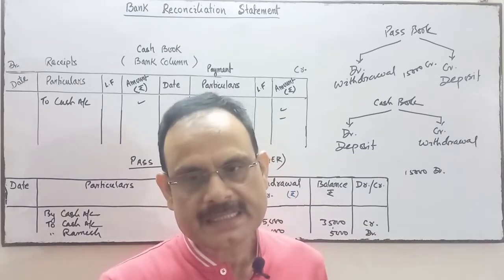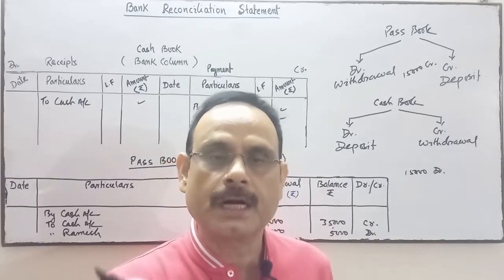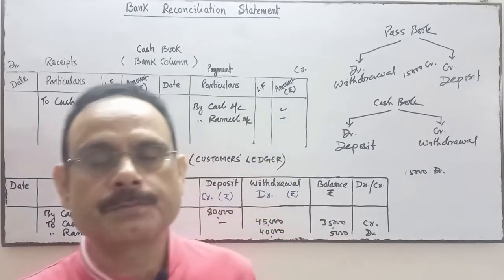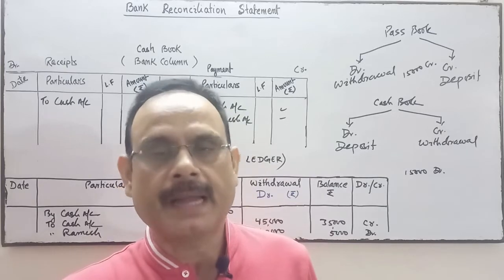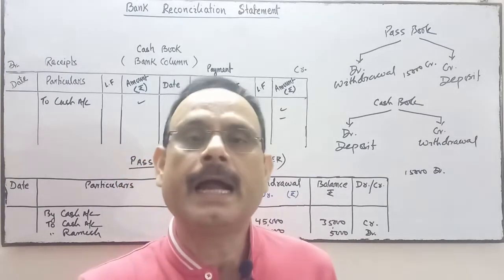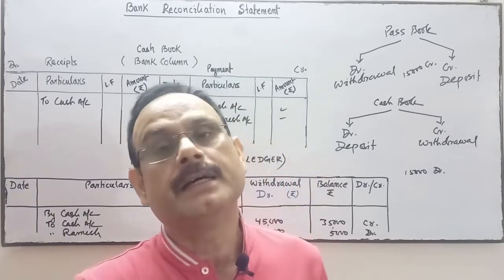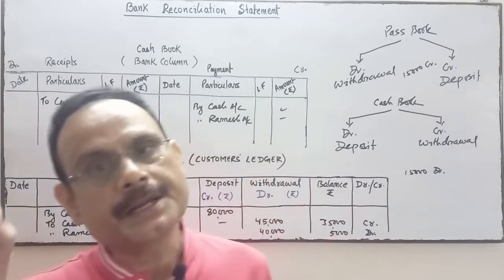A bank reconciliation statement is a statement which is prepared with a view to find out the causes responsible for the difference between the bank balance as per cash book and the bank balance as per passbook, and thereafter reconcile the difference.